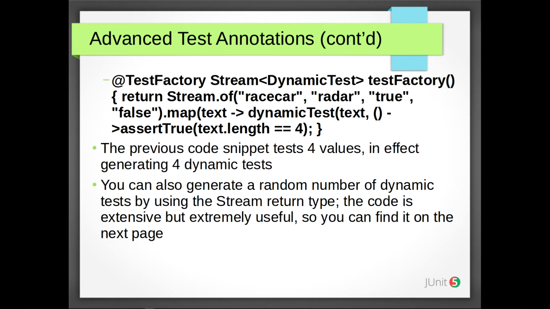And this one basically returns a Stream of type DynamicTest, and I'm going to give you about 20 seconds to study this snippet of code. This stream-based return value is actually probably the most flexible of all.